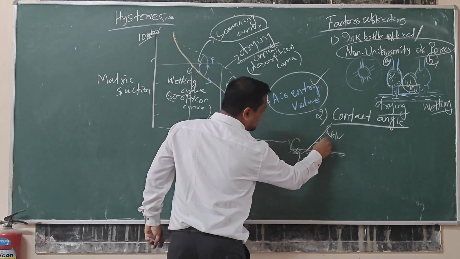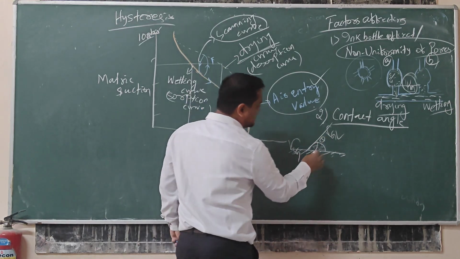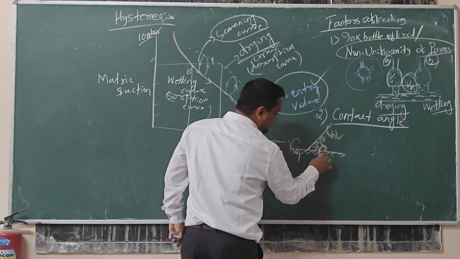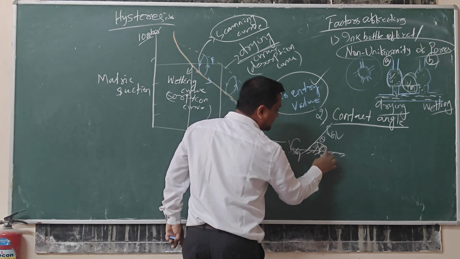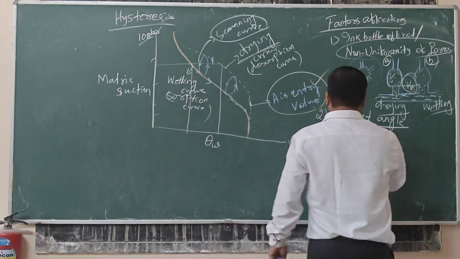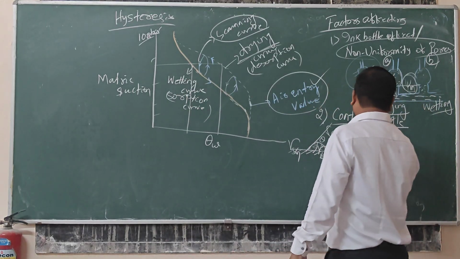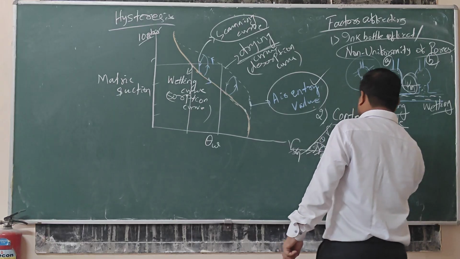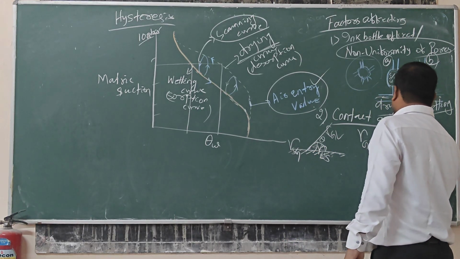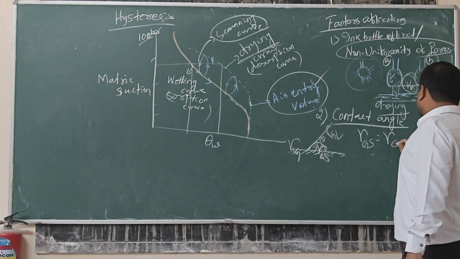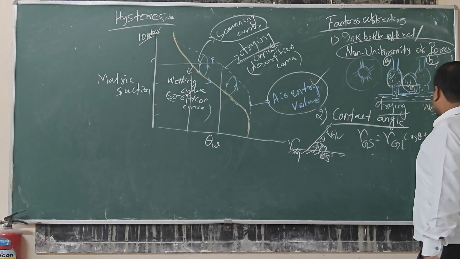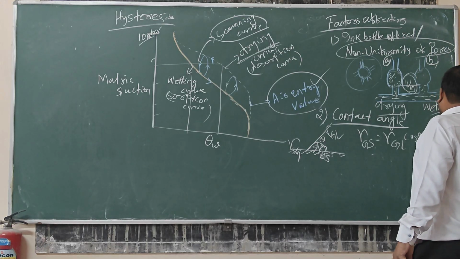This angle created is theta. You can say contact angle, and here the tension will be between water and solid. As per Young's equation, the surface tension of gas and solid equals the surface tension of gas and liquid times cos theta, plus the surface tension of liquid and solid.